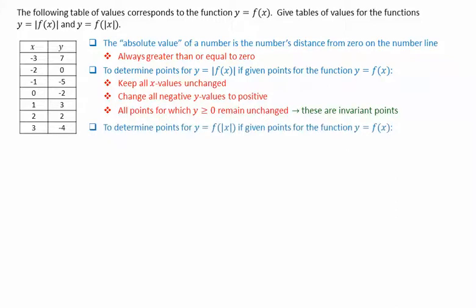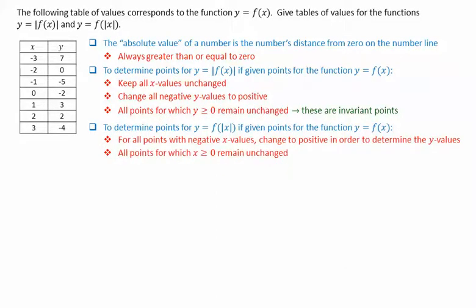To determine points for y equals f of the absolute value of x, if you're given points for y equals f of x, all points with negative x values, simply change them to positive in order to determine the corresponding y values. All points for which x is greater than or equal to 0 remain unchanged.